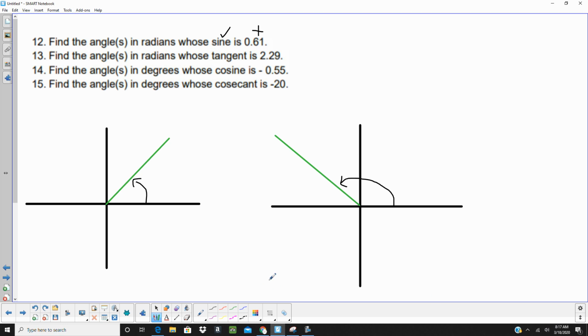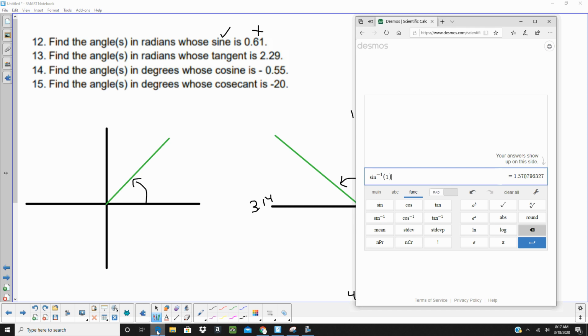So just to help out, remember that's going to be 0. This is pi. This is pi over 2. And this is 3 pi over 2. So I'm going to bring up my calculator to do the first one.